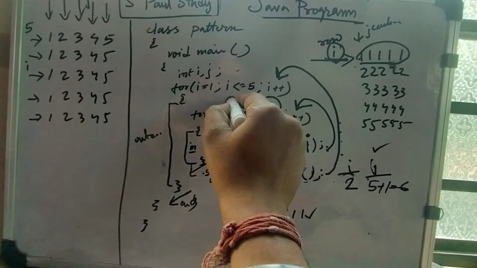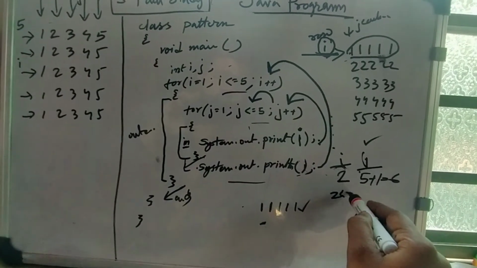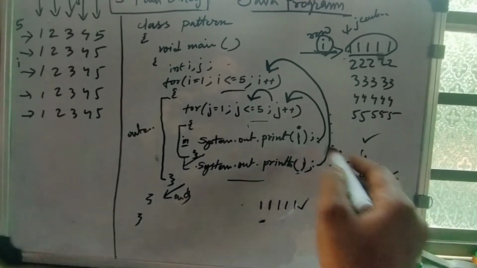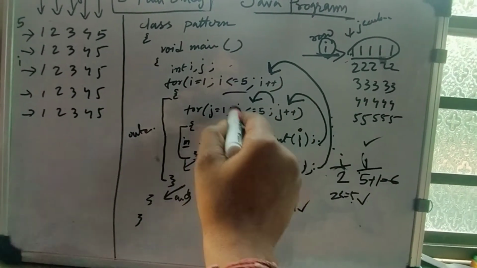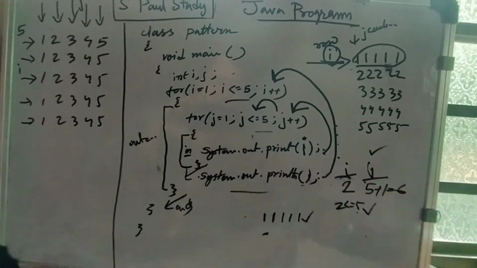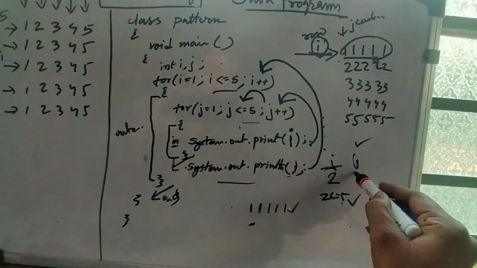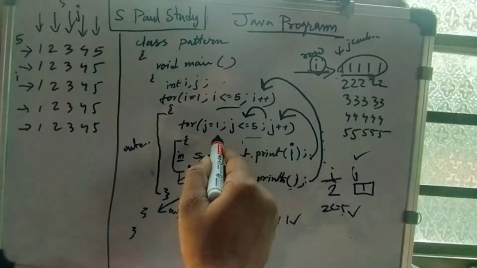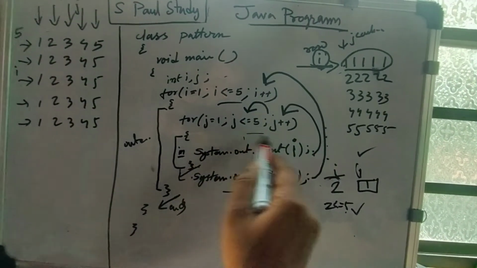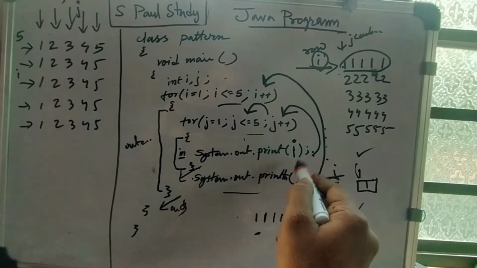The condition check is done, 2 less than or equal to 5, yes, fine. It comes down, and a fresh loop starts with j equal to 1 again. 1 checks, the condition matches, and it prints the value of I, which is now 2.